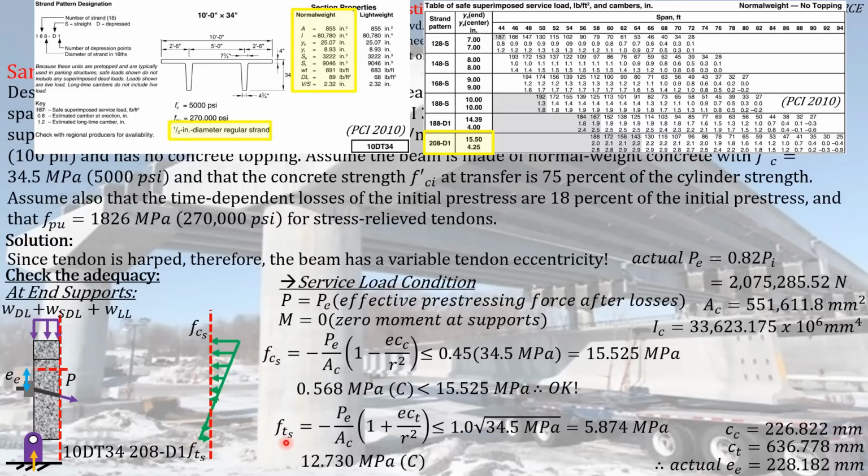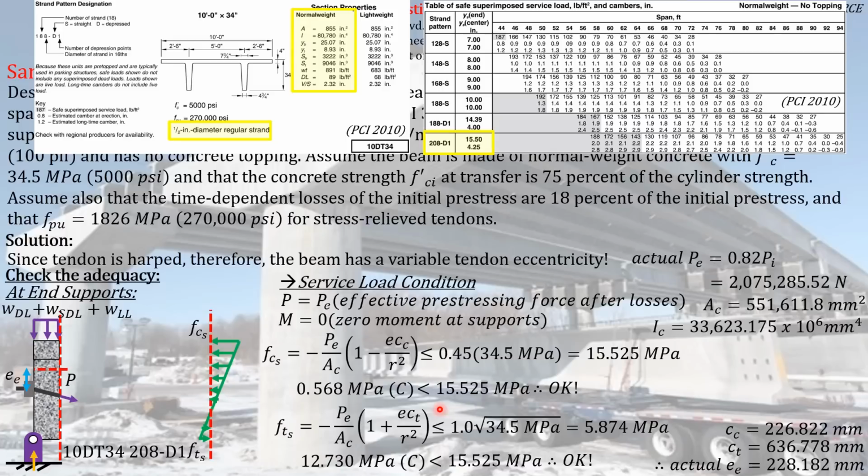So as we have computed here, the actual stress produced at the bottom fiber of the section that we are checking is a compressive stress instead of a tensile stress, which is again a good value. If we compare it to the allowable compressive stress specified by the code, which is this, we can see that it is less than the allowable, therefore it is okay.